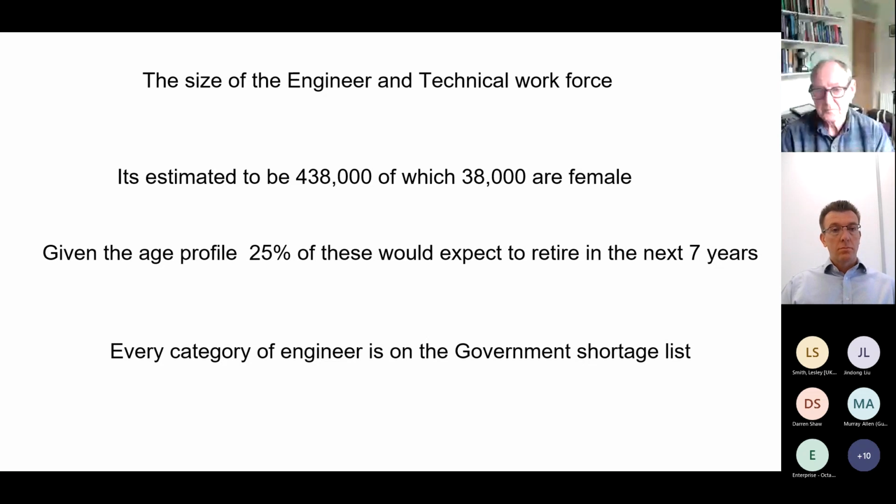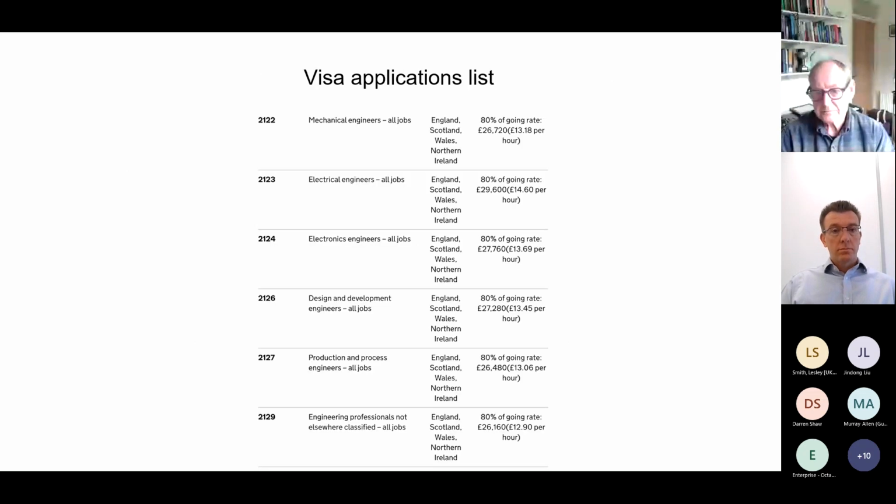Next slide. This is from the visa applications list, and very simply, you can define engineer in the broadest sense, and whatever the definition, we don't have enough, and the government's saying, yeah, we'll be granting visas, providing you're willing to pay over 24 grand, I think it is.